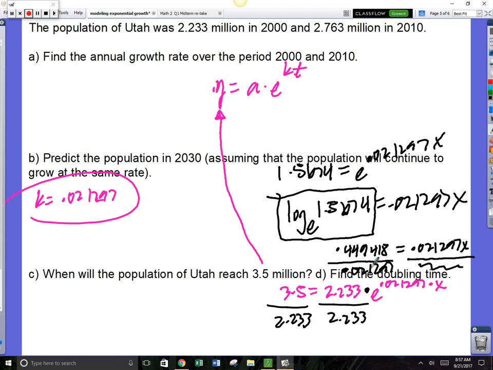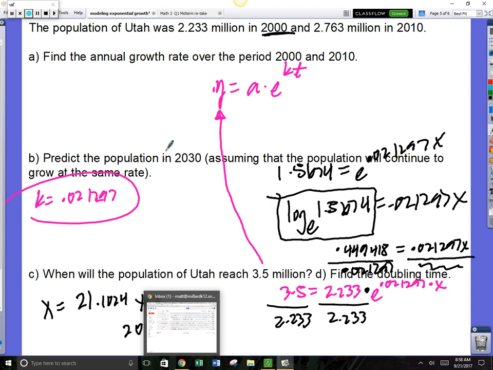Okay, so X is going to be 21.1024 years. So it's going to take 21 years for that to happen. So if I start in 2000, by the year 2021, I should reach close to population of 3.5 million.